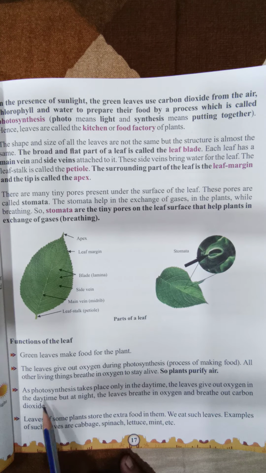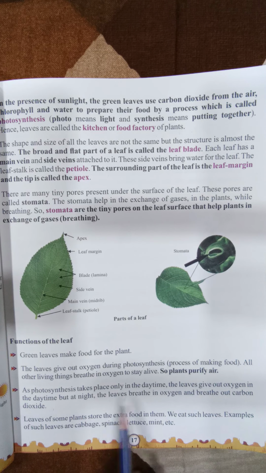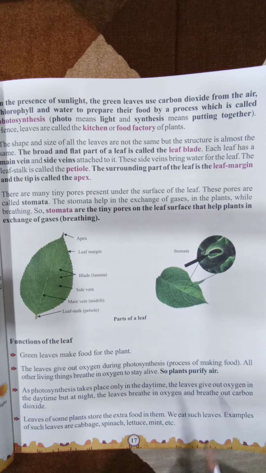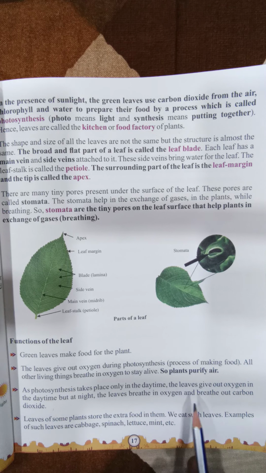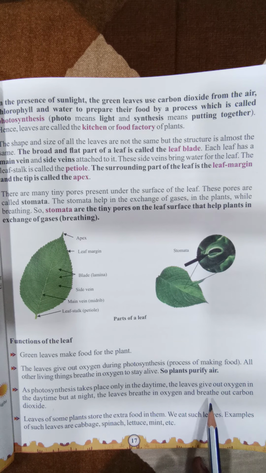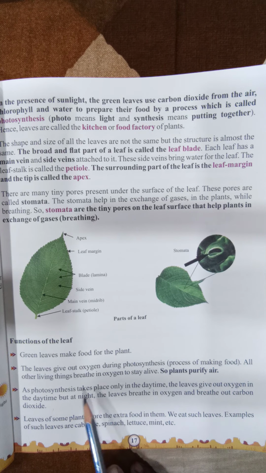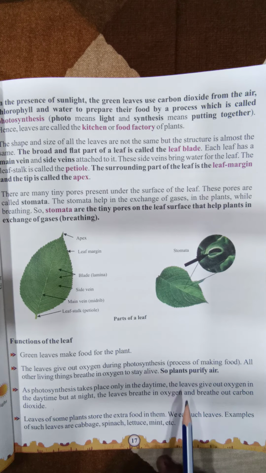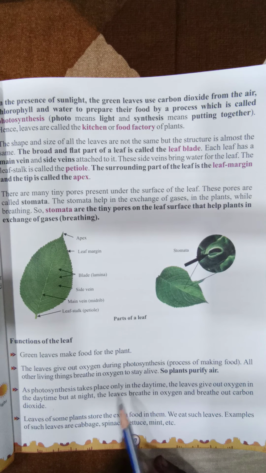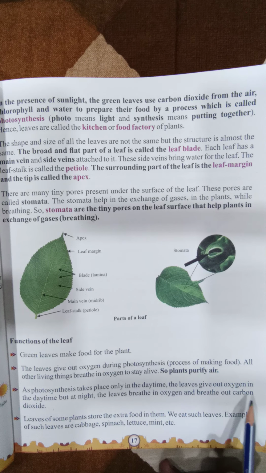Okay, so in the daytime, photosynthesis takes place, but at night, breathing takes place like in animals. So in the daytime, the leaves produce pure air or oxygen for us, while at night they breathe in the oxygen and give out the carbon dioxide.